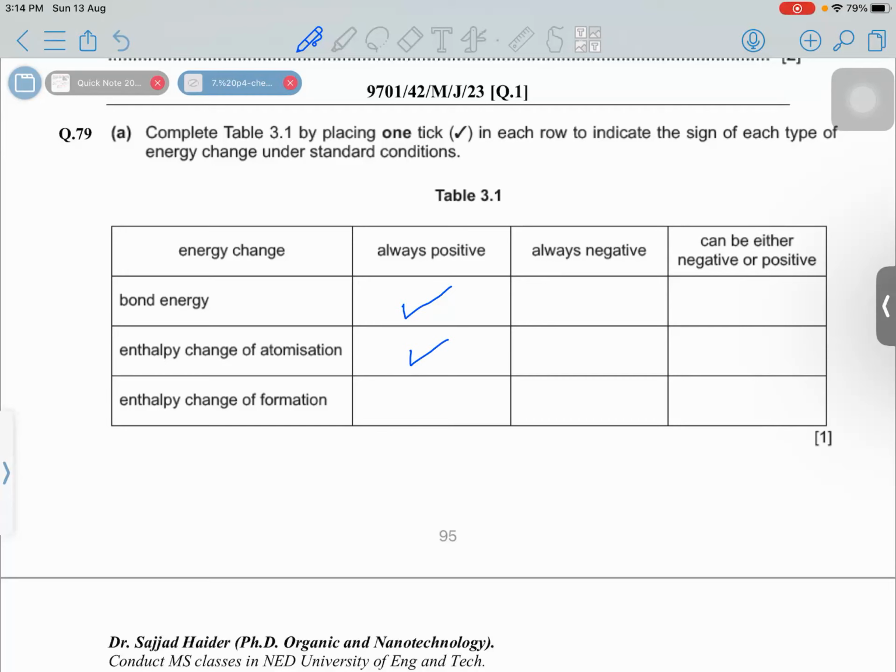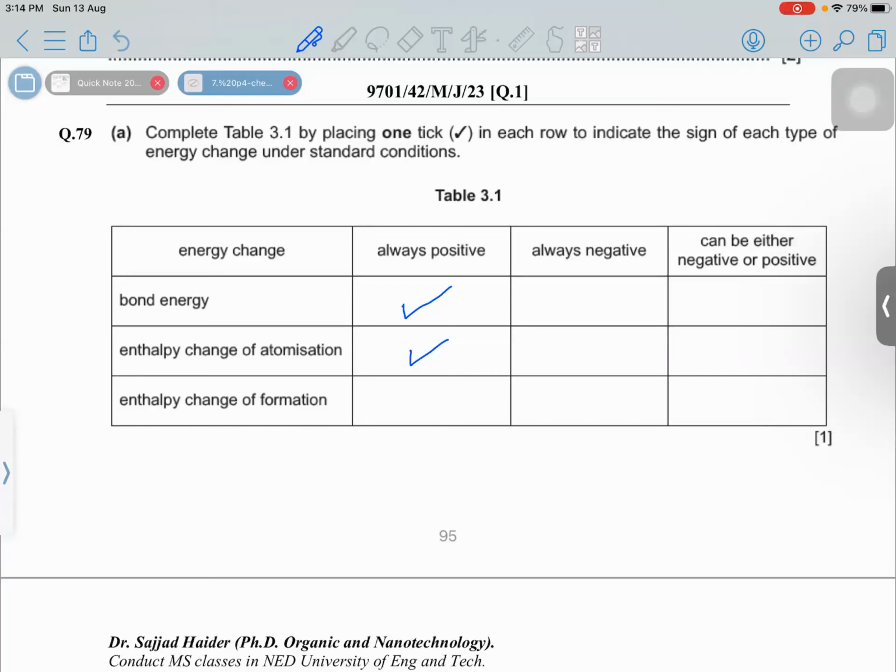Always negative, right? So I have a chart. Always negative formation. So energy is released. No, for formation, sometimes exothermic, sometimes endothermic. But sir, how?